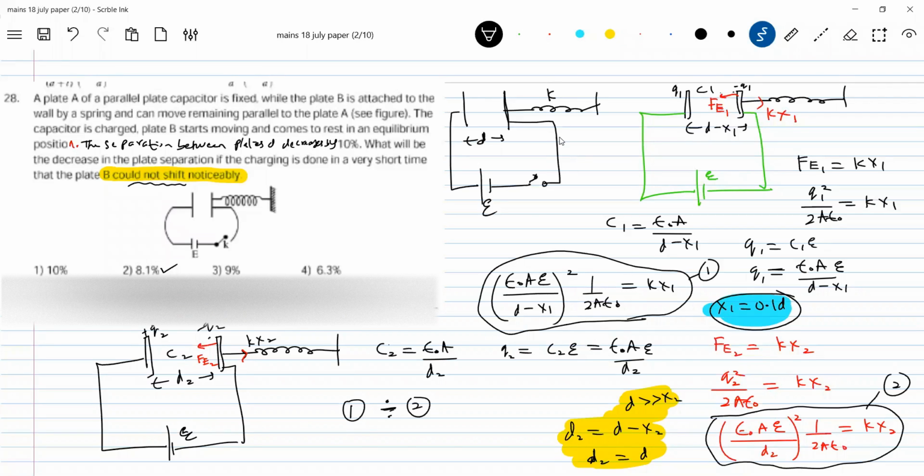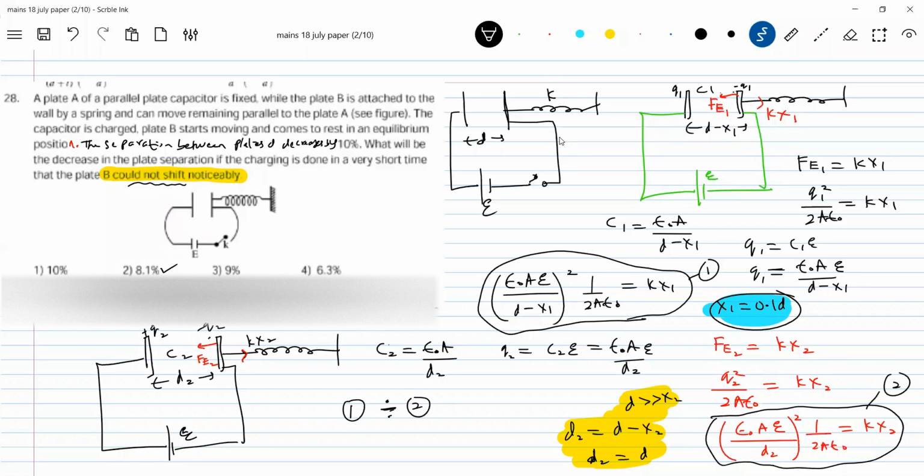Sir, what difference does it make if we are charging it slowly or instantaneously? You are not permitting that instant when charge gets deposited and this elongation, because of this value here, d minus x2, d. I think the value of x2 will come into the picture. He has defined a condition like this.